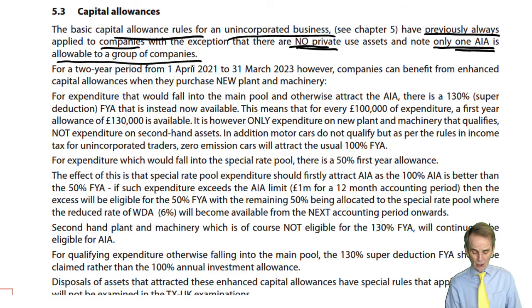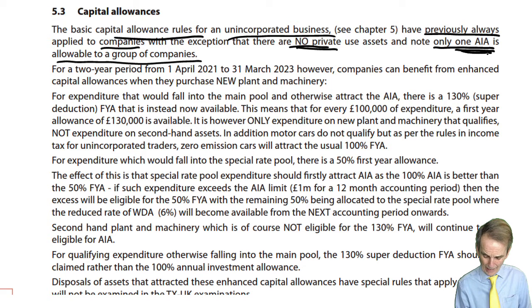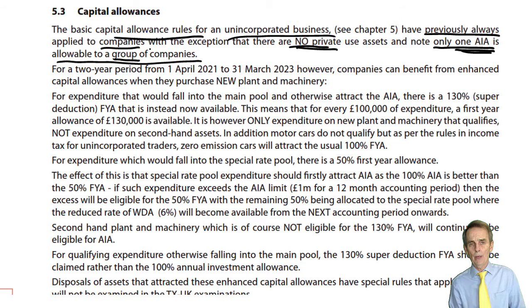Well, that's not going to happen. It's only one AIA within a group of companies. Now that's dealt with in Chapter 22, a little bit later on in our studies, when we deal with the specifics of groups.